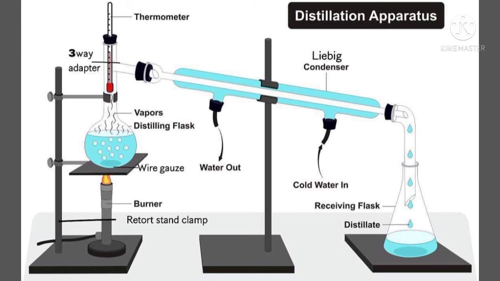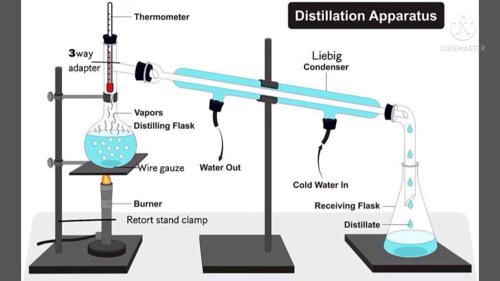The first equipment that we're going to use is a sheet of thin metal that has net-like patterns. Wire gauze is placed on the support ring attached to the retort stand between the Bunsen burner and the glassware to support the beakers, flasks, or other glassware being heated.